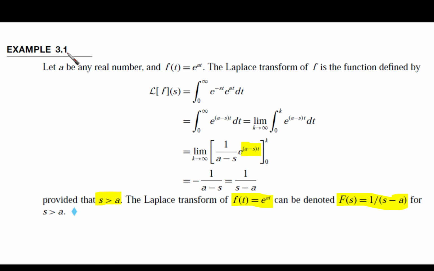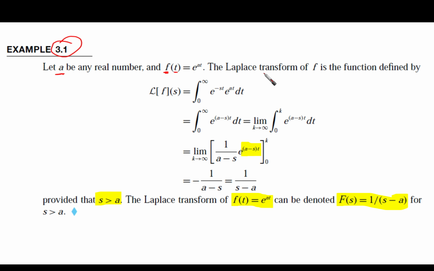Now, let's go and have an example. Let a be any real number. a is a real number. And f of t, this is now lowercase f of t, this is the input function, and this is the input variable, equals the exponential function e to at.